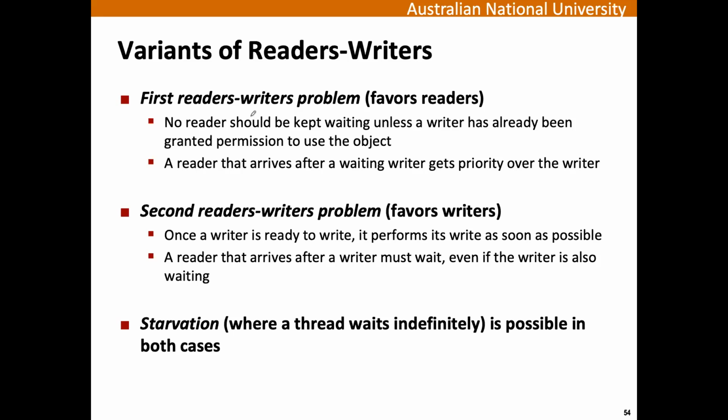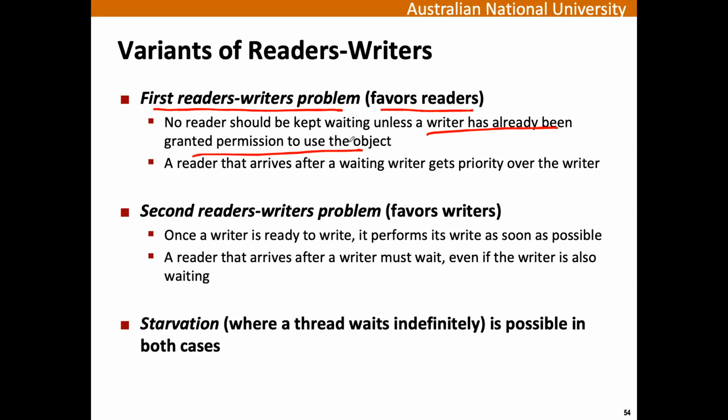In both cases, the first readers-writers problem favors readers. No reader should be kept waiting unless a writer has already been granted permission to use the object. If the writer has been granted permission, the reader must wait. There is no other way. We want to provide mutual exclusion.